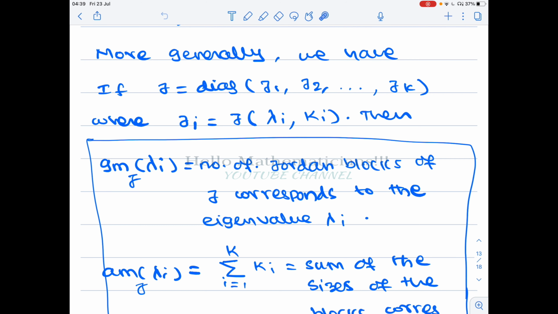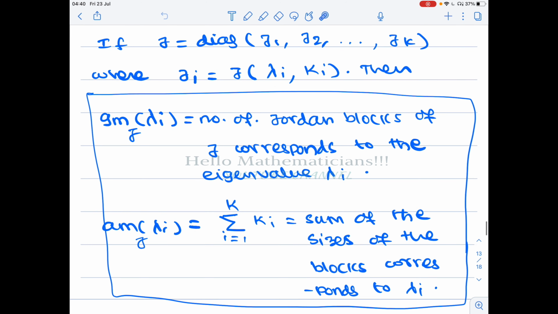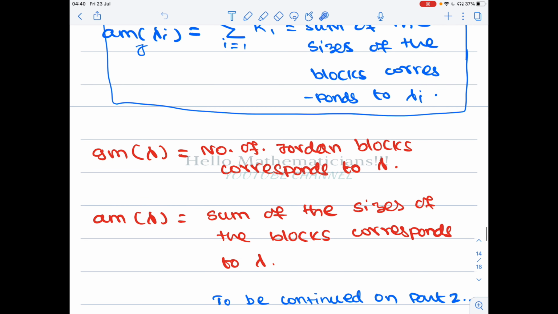Then again, the algebraic multiplicity of the eigenvalue lambda i in J is equal to the sum of the sizes of the blocks corresponding to lambda i. One should remember this clearly.